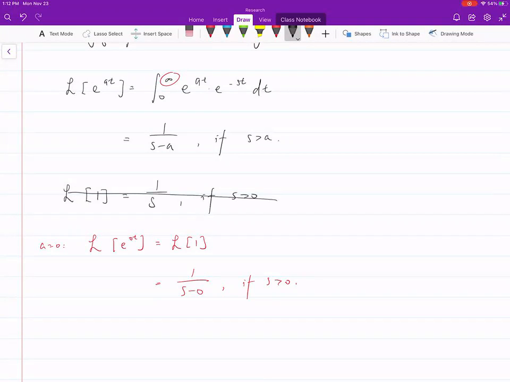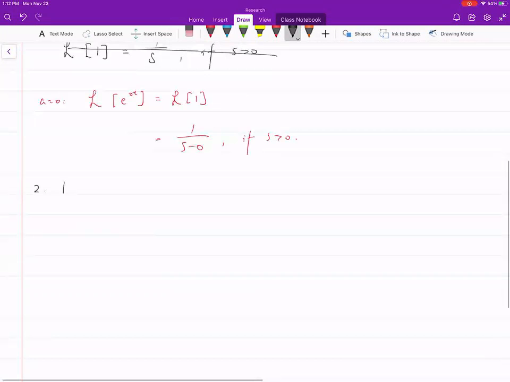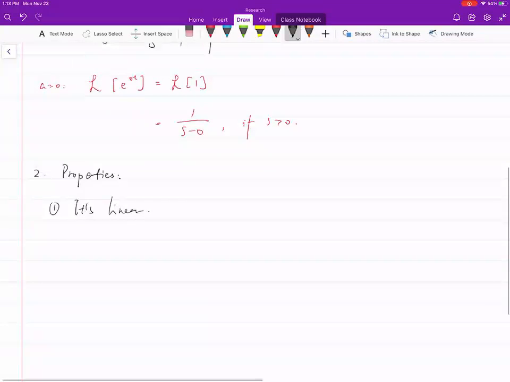Then we talked about several properties of Laplace transform. The first most important one is it's linear. That means it will be very, very easy to use Laplace transform to solve linear differential equations. And for nonlinear, it's not straightforward, even if it's doable.